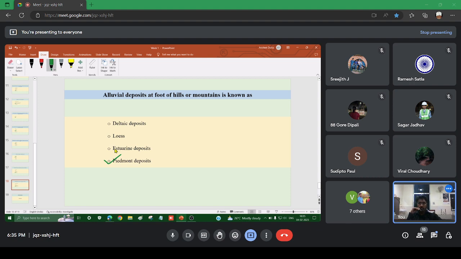So estuarine deposits are a combination of alluvial and marine deposits formed at river mouths, and deltaic deposits are purely alluvial deposits formed by the action of the river at the river mouths, which leads to the extension of the shoreline. It's obvious, because if there is deposition of sediments, the shoreline will get extended.